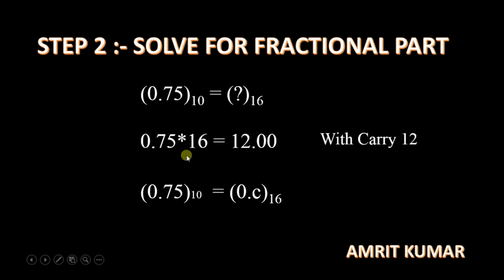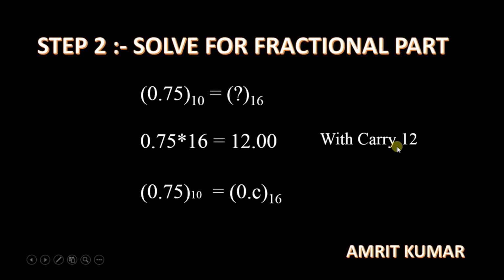Okay, after multiplying we are getting 12 here, therefore we will carry this 12 here. After that, we multiply again. Here you are seeing that I am getting 12, therefore I will carry 12 here.